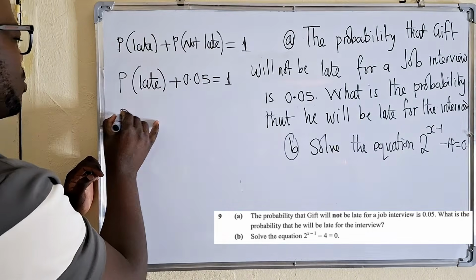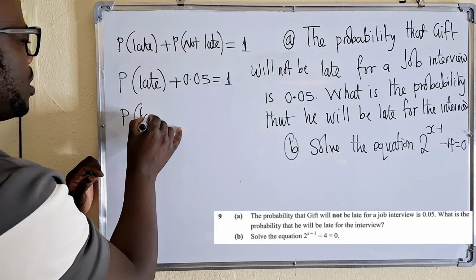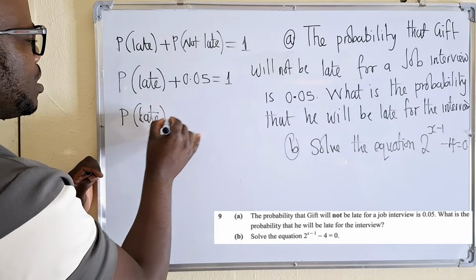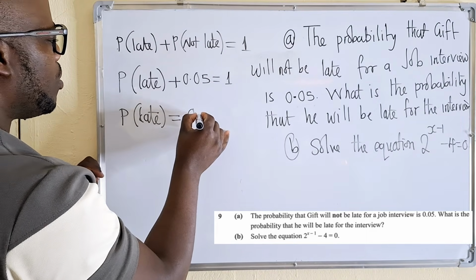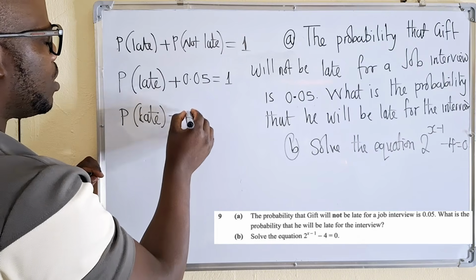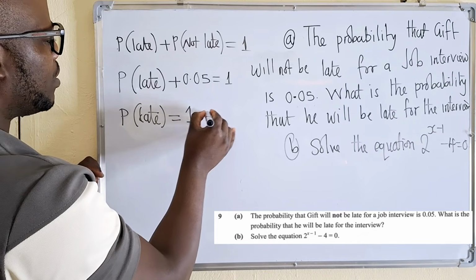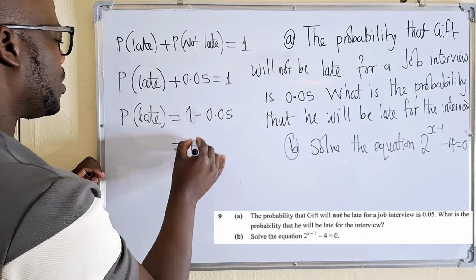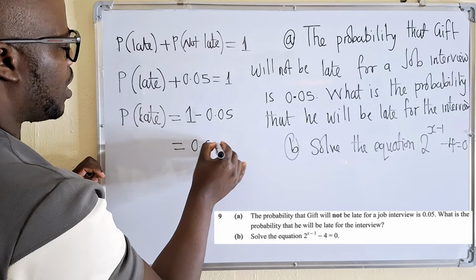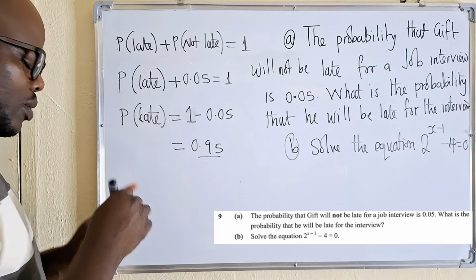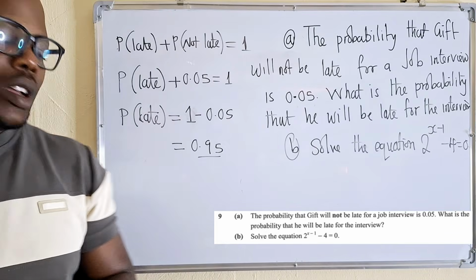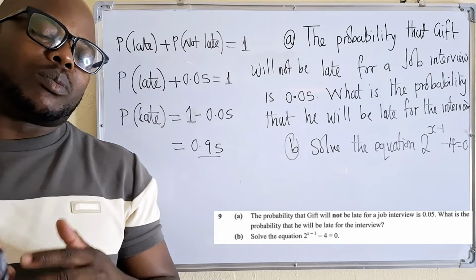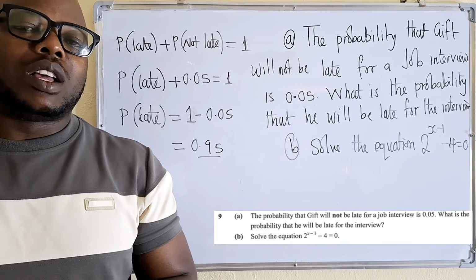So this will be a probability of being late equal to, should I say 1 minus 0.05. This is giving us a 0.95. So this is a 0.95, which is the probability of being late.